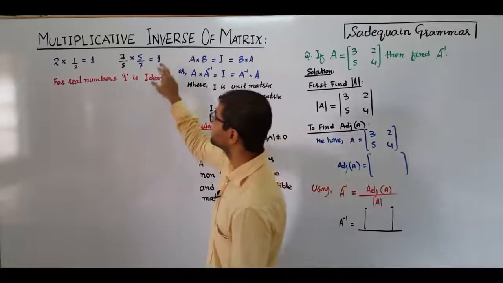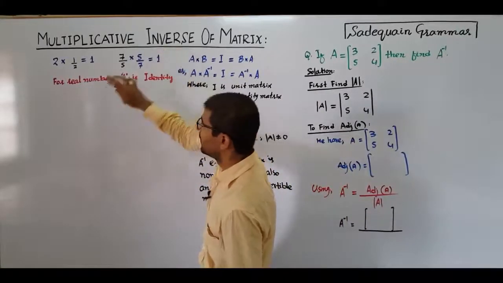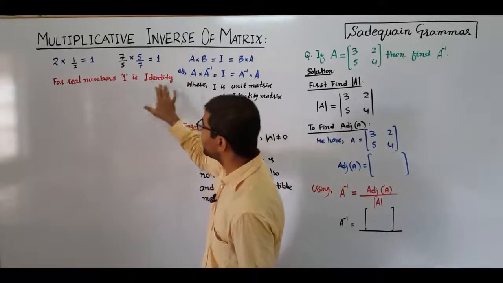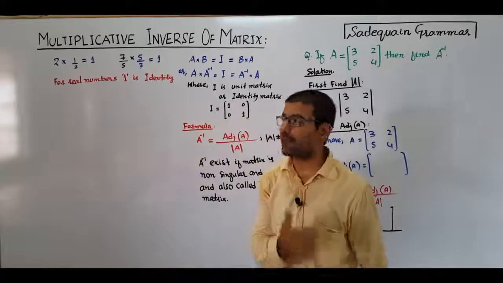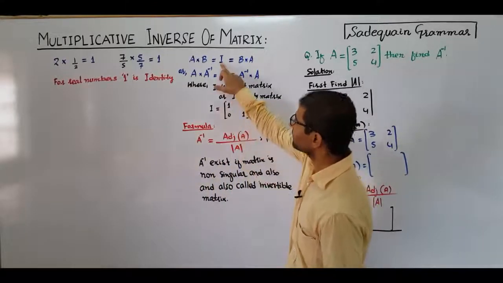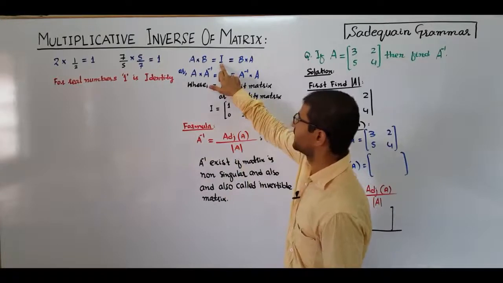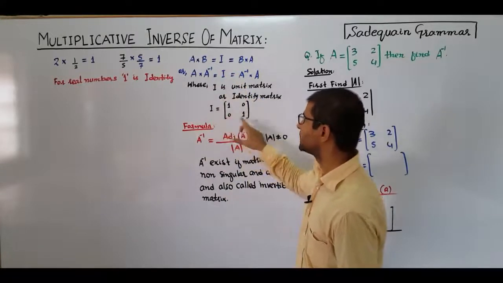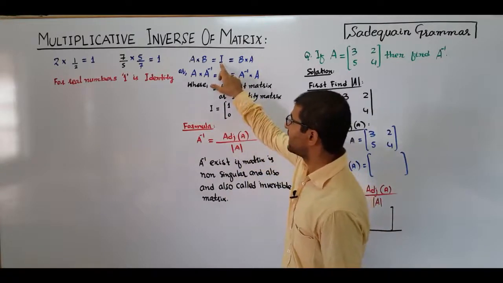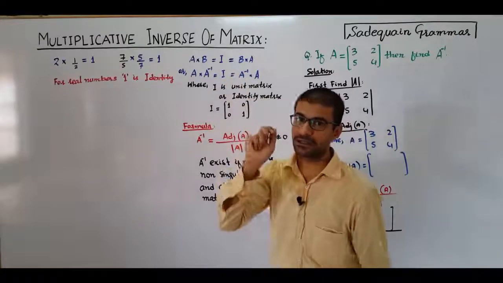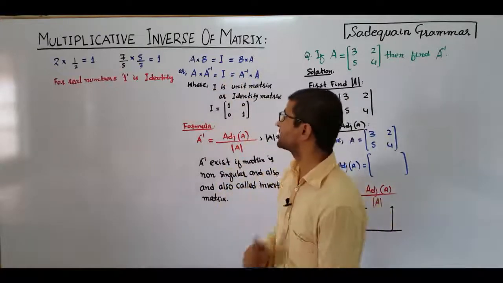In real numbers, our answer is 1. 1 is the multiplicative identity. In matrices, our answer is the unit matrix I, 1 0 0 1. In matrices, the unit matrix is called the identity matrix. The unit matrix is the identity.